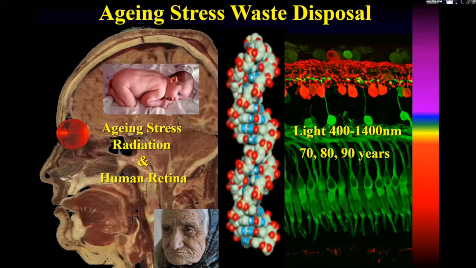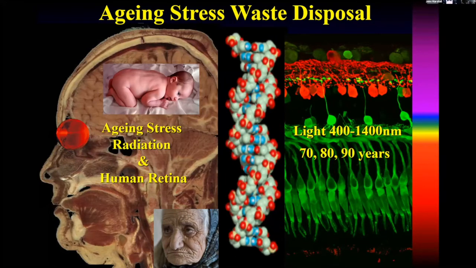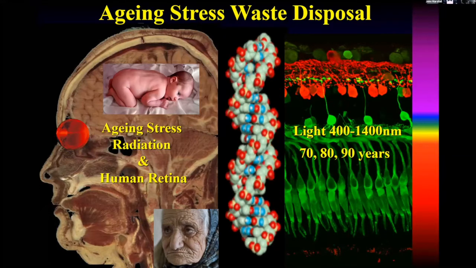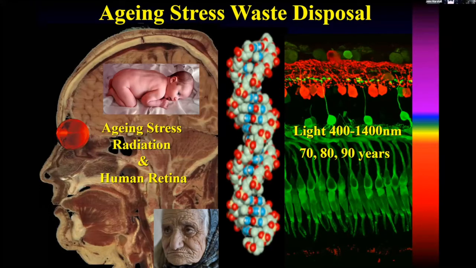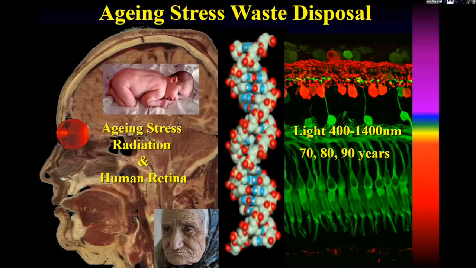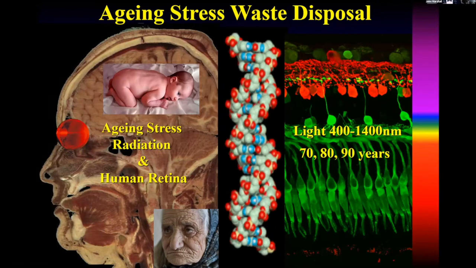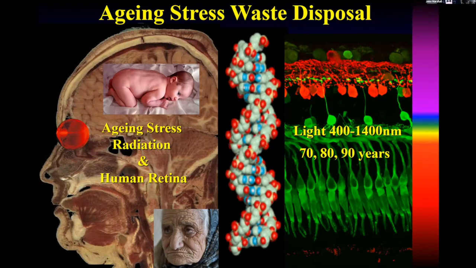Now, the retina is a very special case because we're dealing with aging plus stress, and the retina is the only part of the body where optical radiation penetrates inside the body. And not only does the optical radiation penetrate inside, but it has to be absorbed, and it's absorbed in both the photoreceptor cells and the retinal pigment epithelium.